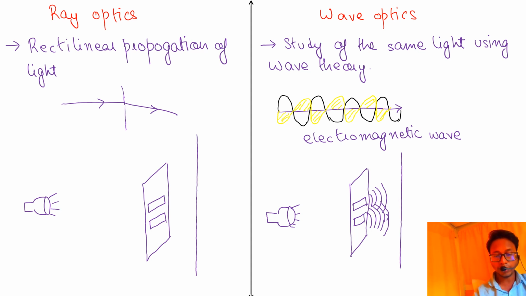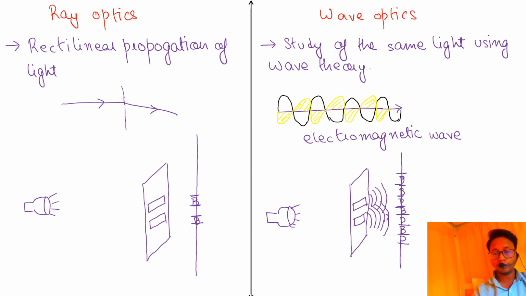That means we get a pattern: bright spot, dark spot, bright, dark, an alternating bright and dark pattern. And out here it says just this portion will be bright and this portion will be bright, and the remaining portions are dark. Now my problem is which one of these theories is correct.